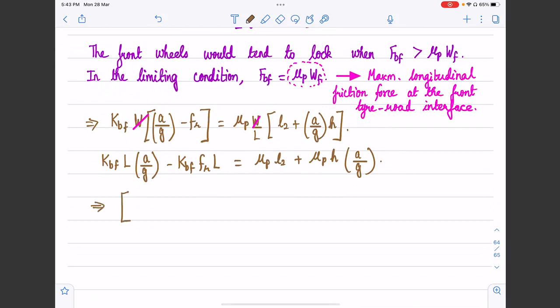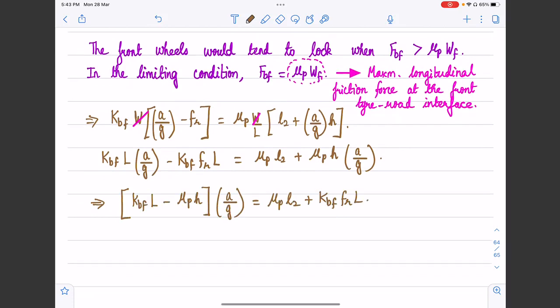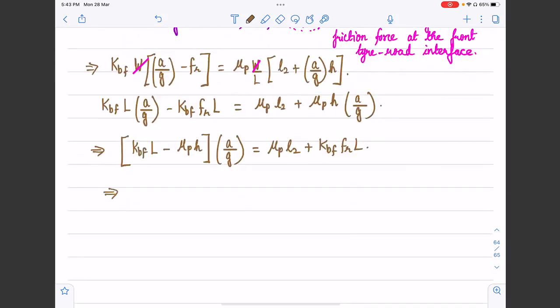If we collect the terms, we are going to have KBF times L minus mu P times H multiplying A by G, and that's going to be equal to mu P L2 plus KBF FR L. If we cross multiply, we get A by G equal to the following.